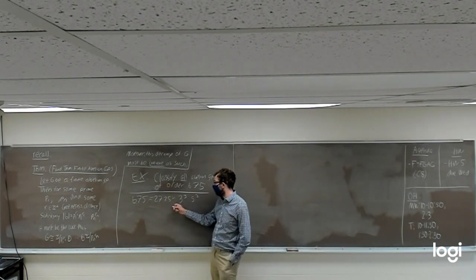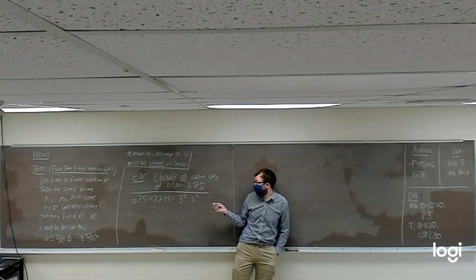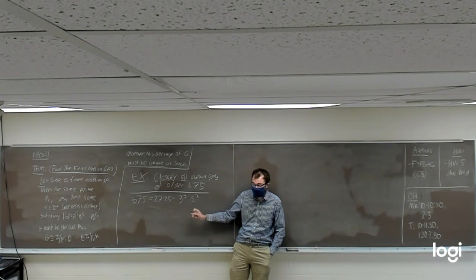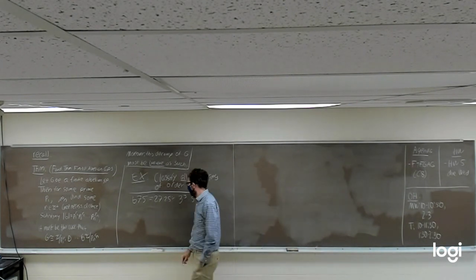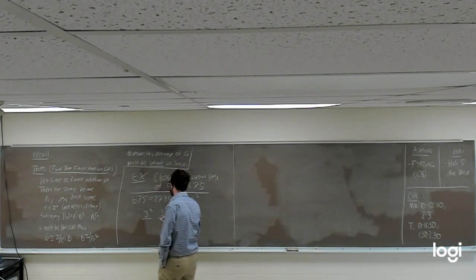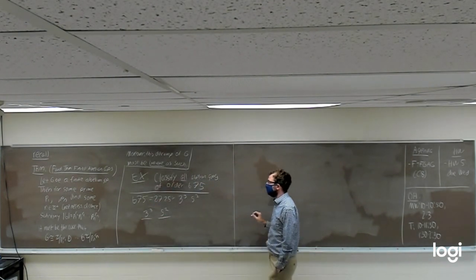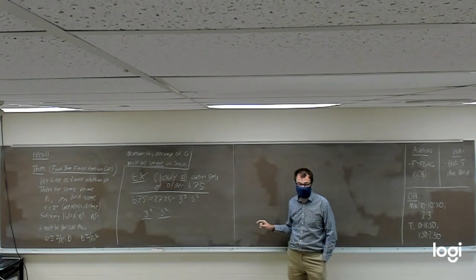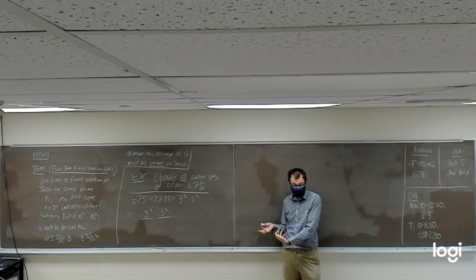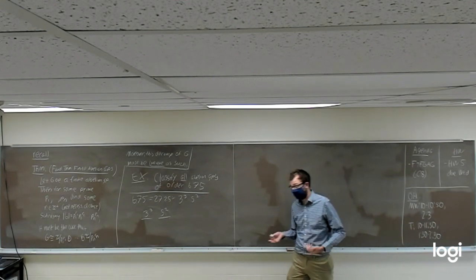So this is going to be our way of breaking up 675 into the product of primes, 3 times 3 times 3 times 5 times 5. And for each one of these, we're going to write down how many ways there are to write 3 cubed and 5 squared as products. In other words, how many ways can we factorize 3 cubed and 5 squared individually?